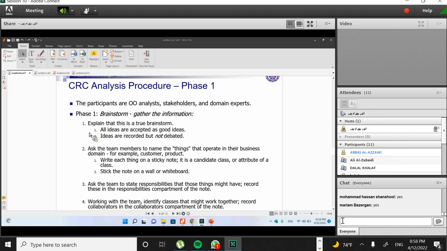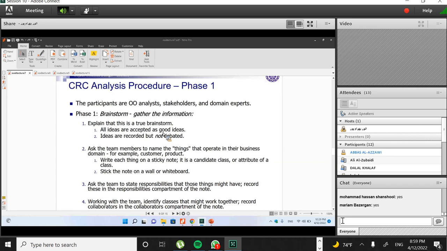In the first step of this phase, each one explains her points of view about the project. In a true brainstorm, all ideas are accepted as good ideas, from all persons present in this phase, and all of them should be recorded.